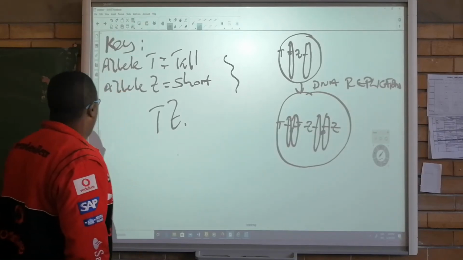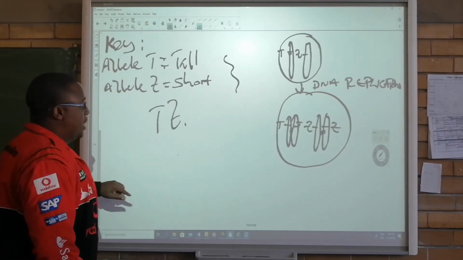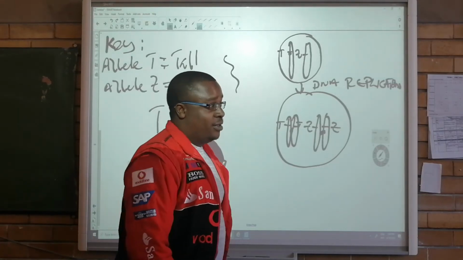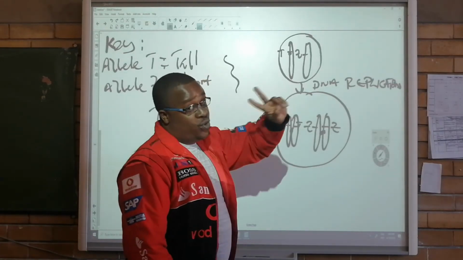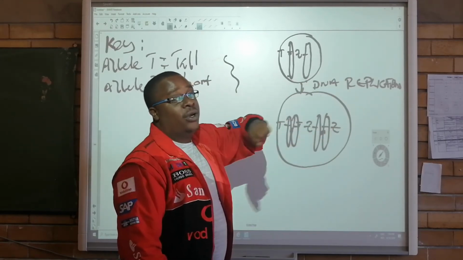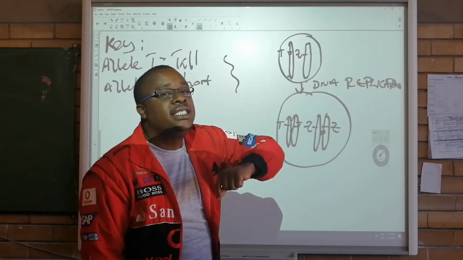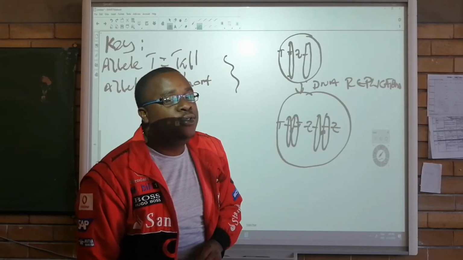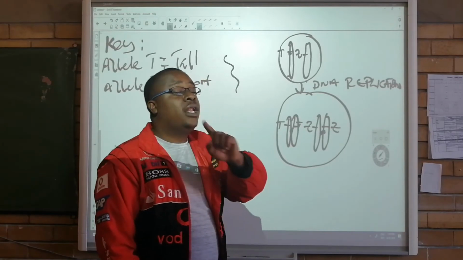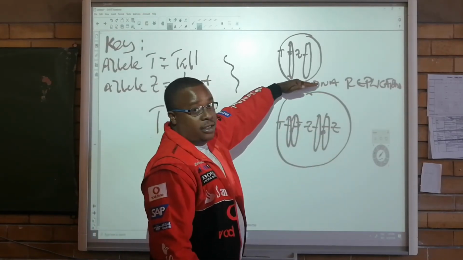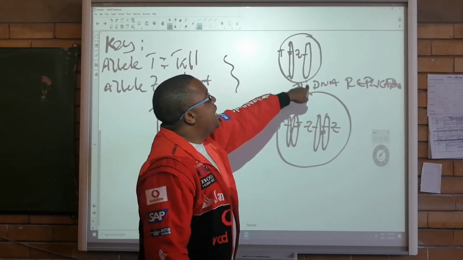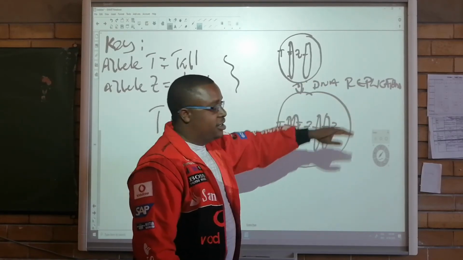Right. Walk with me. How many chromosomes are we having? We are having 2 chromosomes. 1, 2. How many pairs of homologous chromosomes are we having? We are only having 1. Right. DNA replication occurs.